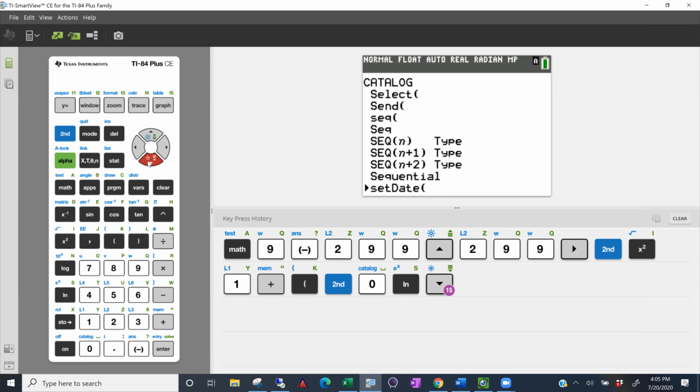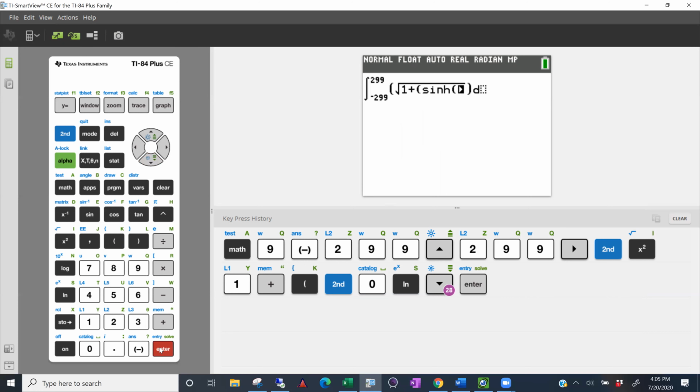Sequences, a lot of other stuff. We'll get there. Oh, some statistic stuff, which is pretty cool. Here we go. There we go, hyperbolic sine. So I had to go down quite a ways before I got that.